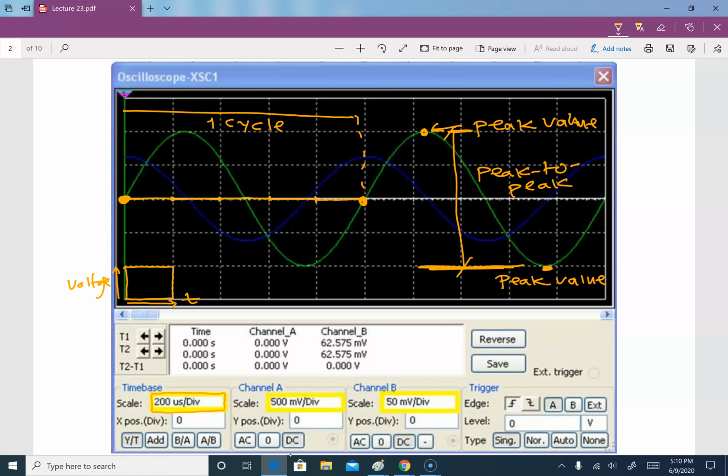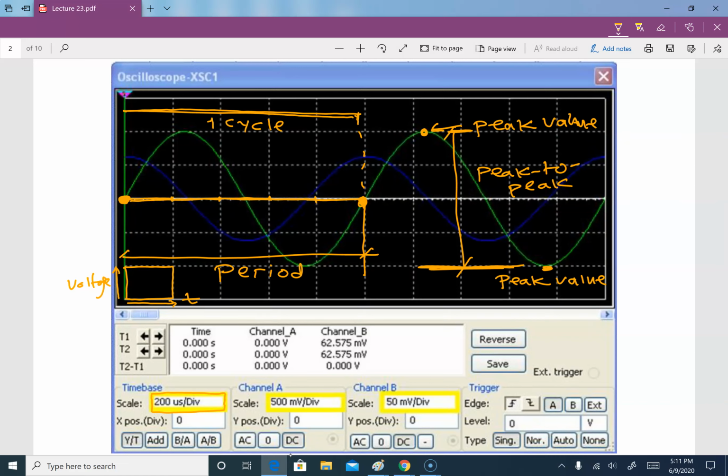Now, the one cycle over here is a complete cycle. In the time axis, if we go from this value, which is 0, up to here for a complete cycle, we call that the period.